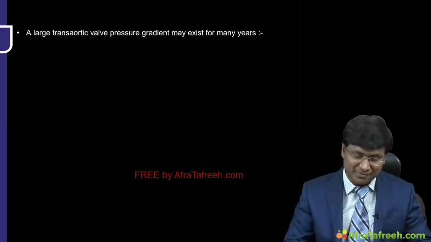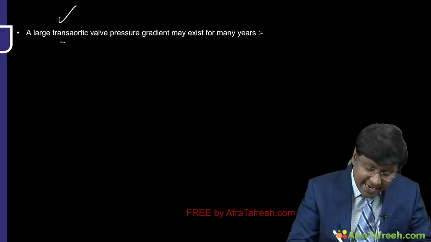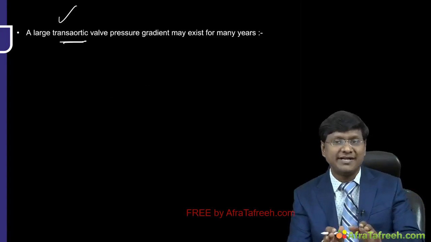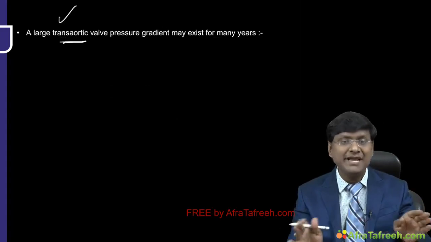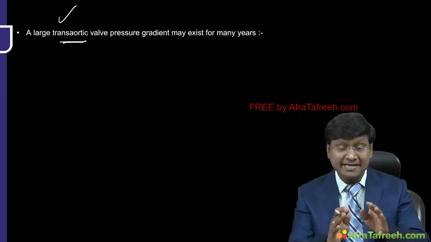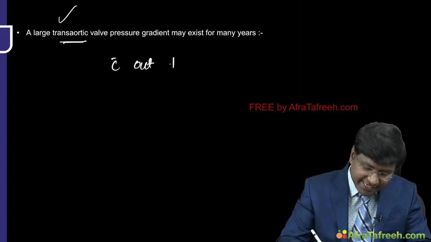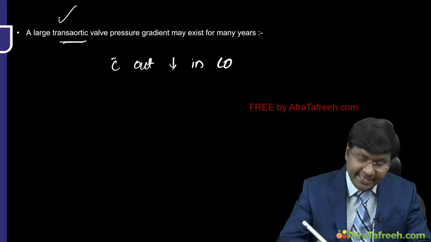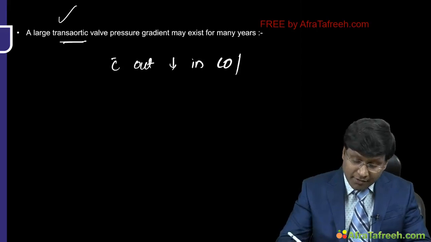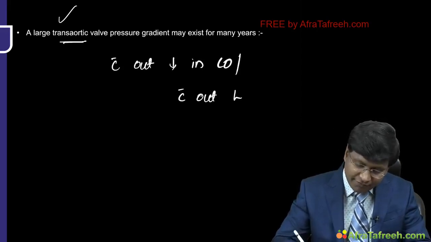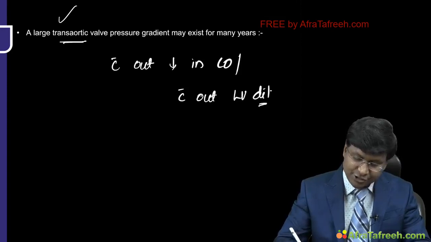And the next important point you need to know is that a large transaortic valve pressure gradient may exist for many years. Okay, it may exist for many years without reduction in the cardiac output or without development of left ventricular dilatation.